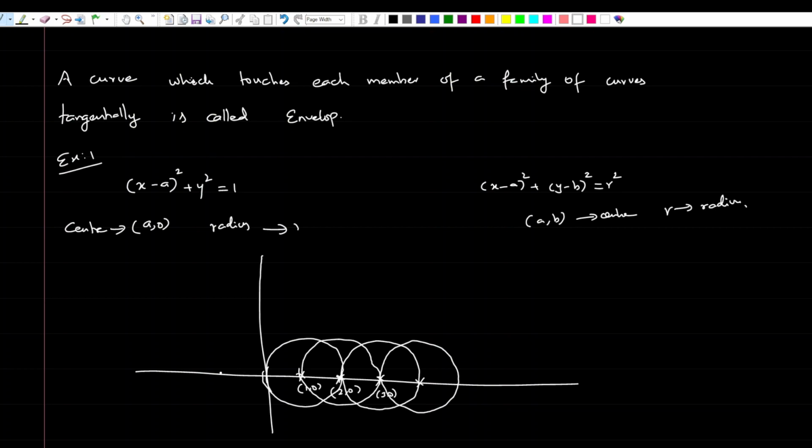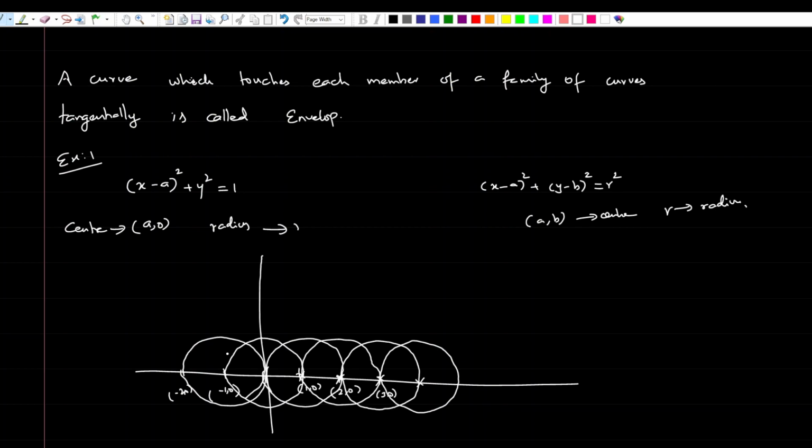On the negative side also, if you take minus 1 comma 0 as center, you will get a circle like this. And with center 0 comma 0 and radius 1, you will get a circle like this.